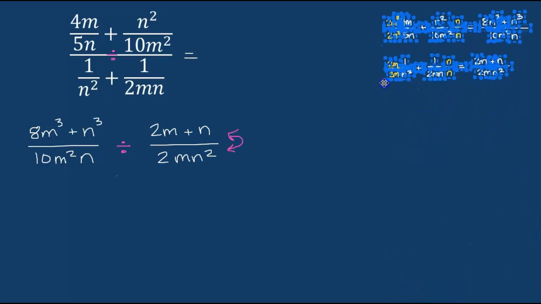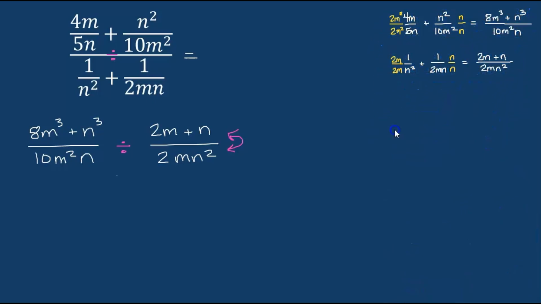Now I know you don't have the ability to do that on your paper, but hopefully you are working with a very nice long sheet of paper and you would just keep working downward and downward. Now the first thing we need to do before we turn this into a multiplication problem is to make sure that these are factored as much as they can be. And I notice that in this numerator, we have a sum of cubes.